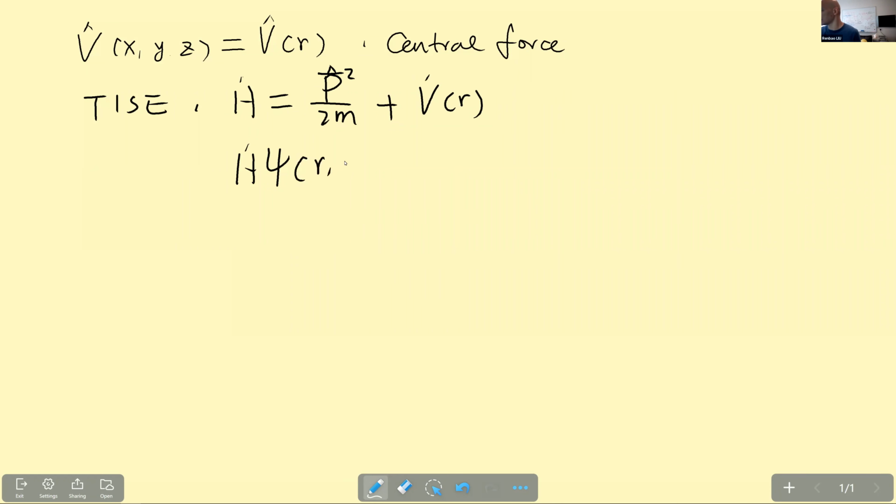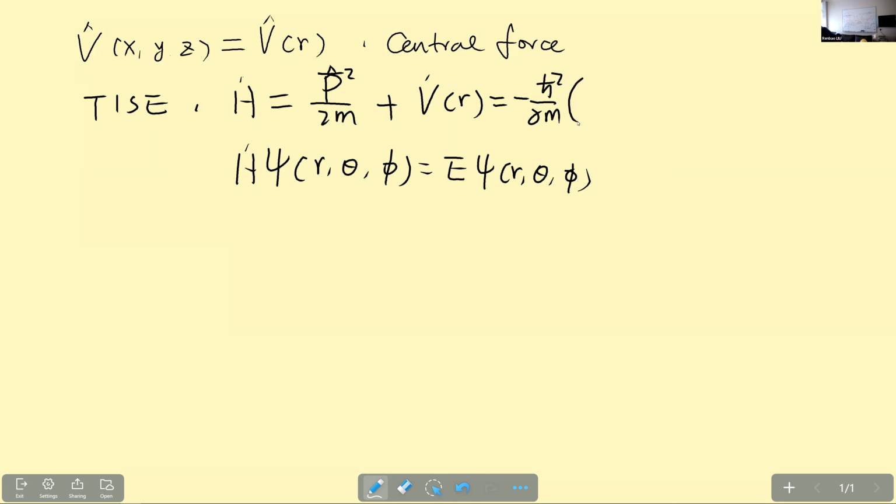So then we can use the spherical coordinates to write down this wave function. Okay, and this one, we know that in the spherical coordinates can be written as minus h bar squared over 2m, and then what's inside is the Laplacian.